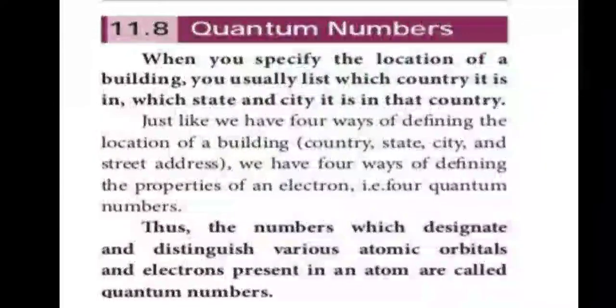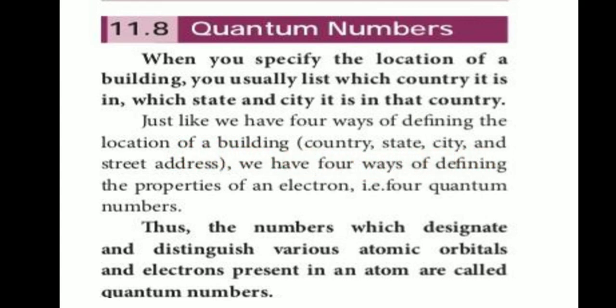And another one, quantum numbers. When you specify the location of a building, you usually list which country it's in, which state and city it is in. Just like that, we have 4 ways of defining the location of a building: country, state, city, and street address.